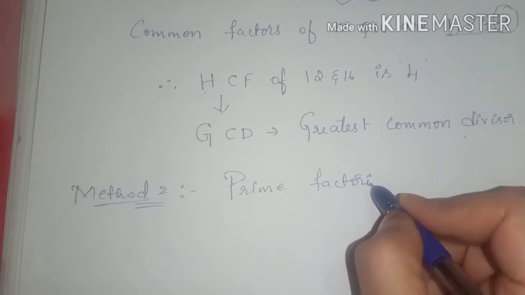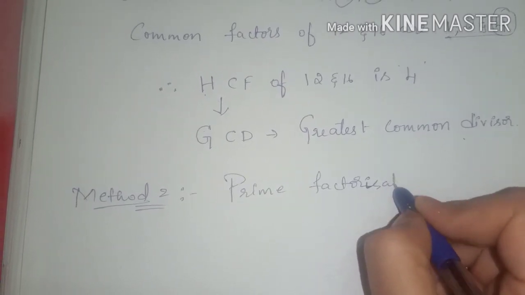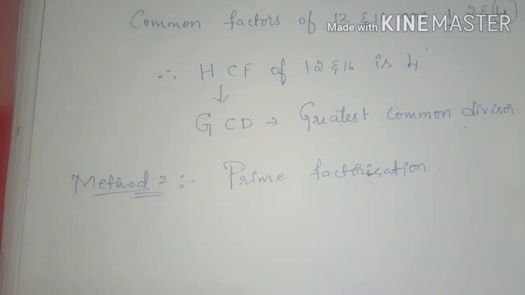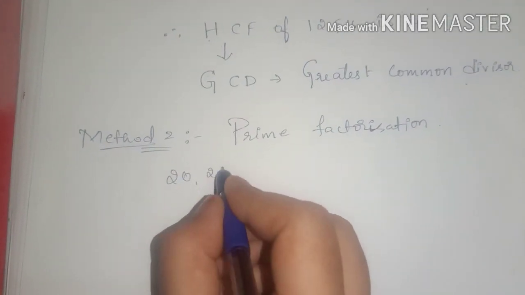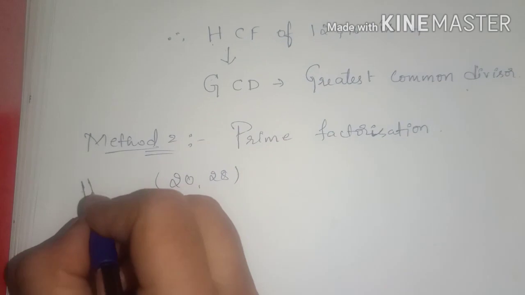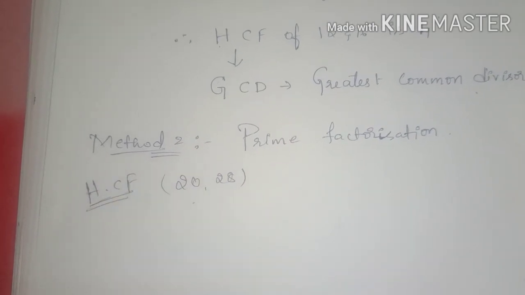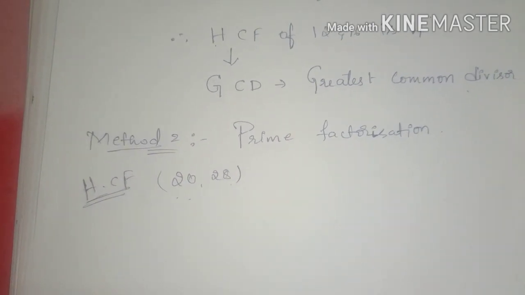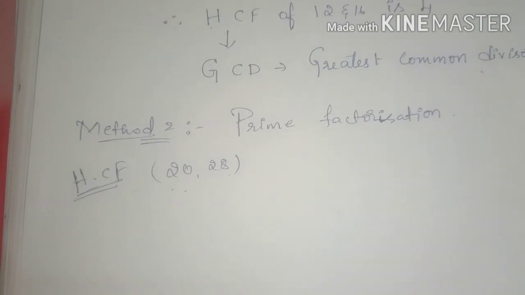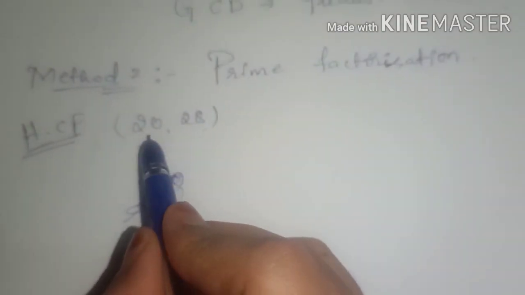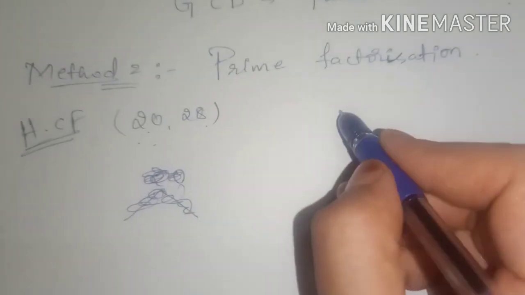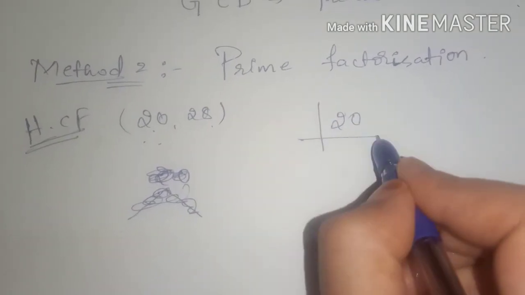This is method 2. If they give you the numbers 20 and 28 and ask us to find the HCF of 20 and 28, you can go through the prime factorization method. Consider the first number, 20, and do the prime factorization for this number.